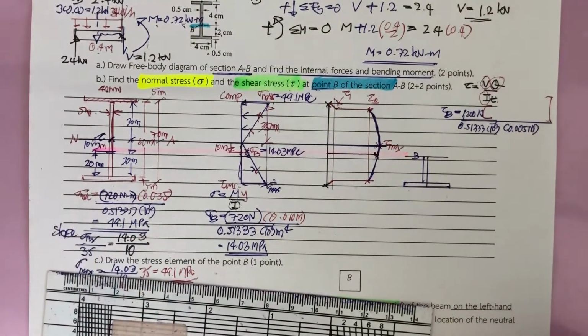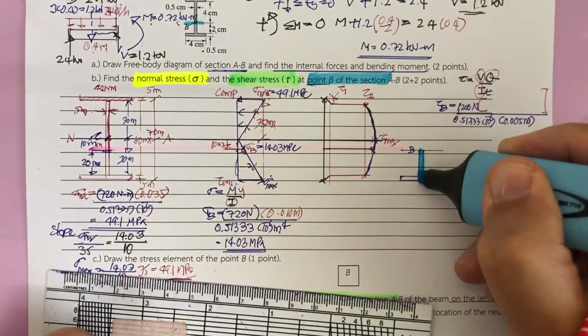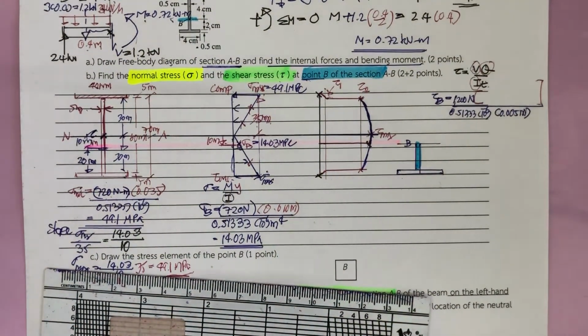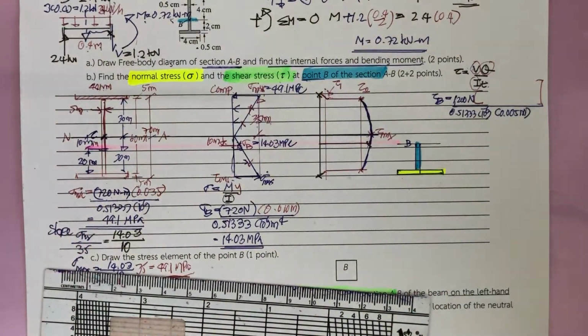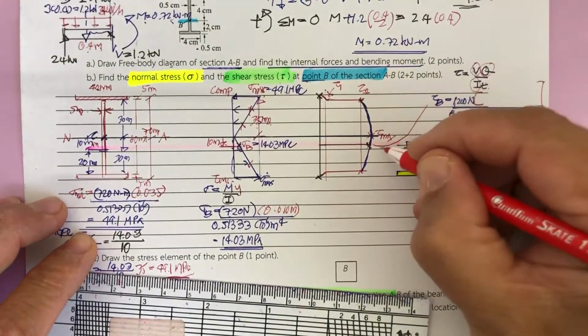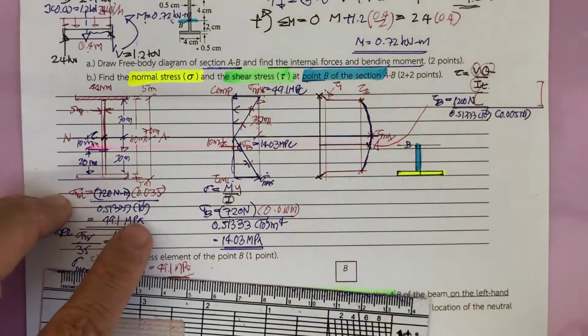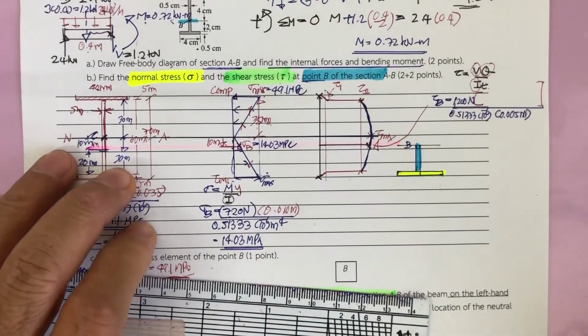Okay, we should separate this section into two portions. The first one is this one, and the second one, let's put into this one to determine the tau at this important point. And the Q is what?